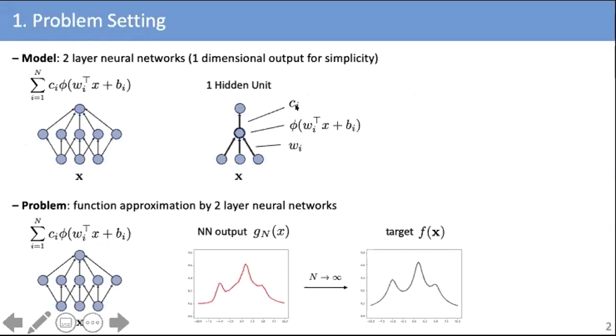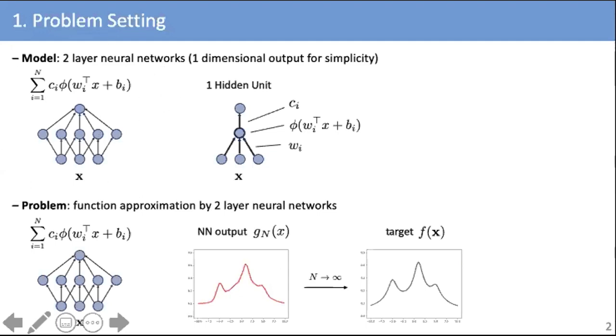In this research, we basically consider the classical setting of harmonic analysis of neural networks, which has been studied since the 1980s. Our neural network model is a simple two-layer neural network, which is expressed as the following summation form.